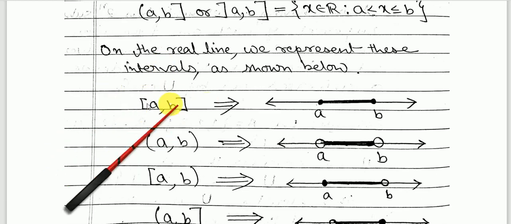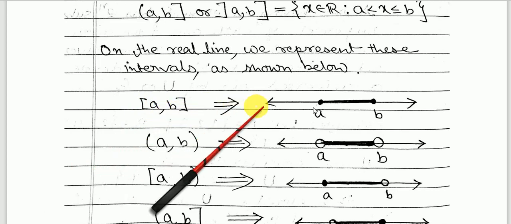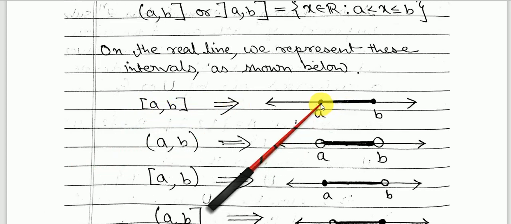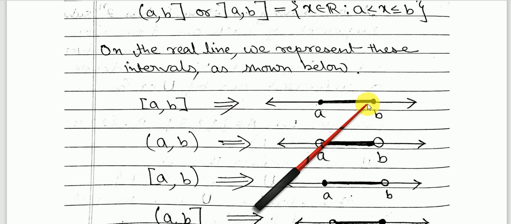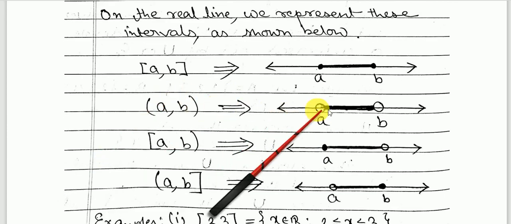If you try to understand this on the real line, you can visualize it like this. Closed interval [a, b] on the real line means from a to b, and a and b are included. So all the real numbers lying between a and b, including a and b. Open interval means all real numbers lying between a and b, where a and b are excluded.